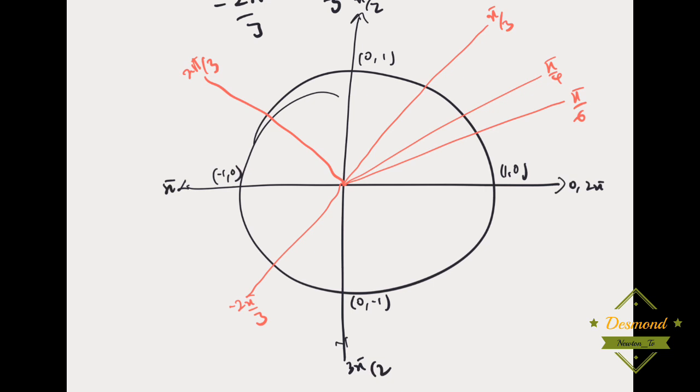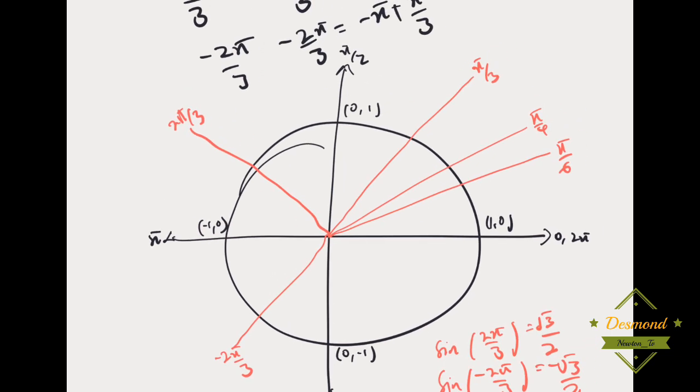So from the unit circle we can see that the sine of 2π/3 is equal to √3/2, right? Then the sine of -2π/3 is equal to -√3/2. So how do we do that?